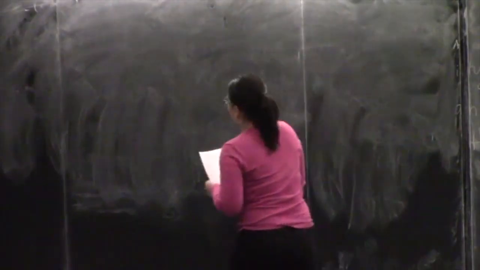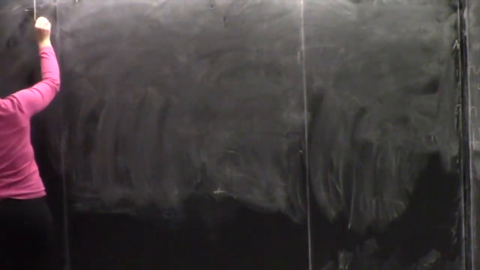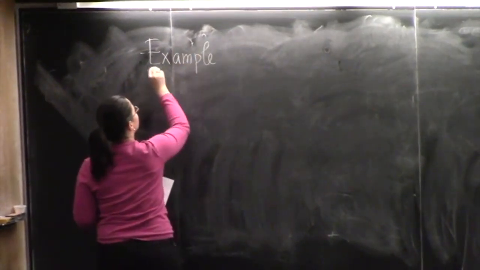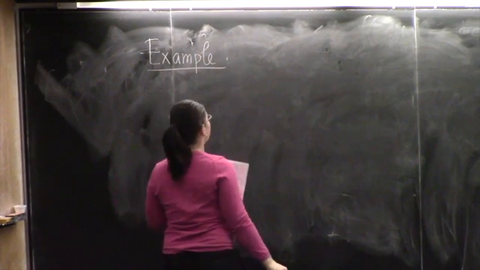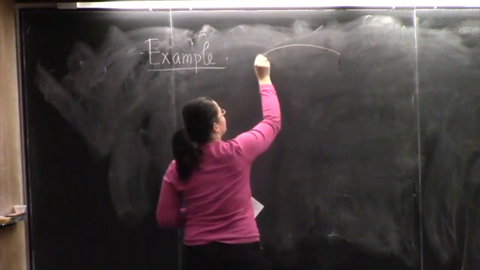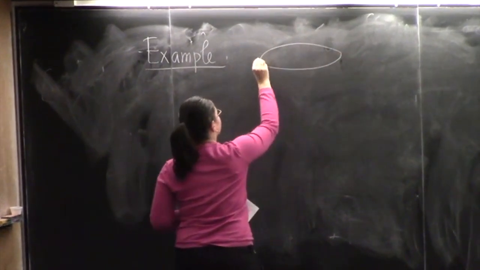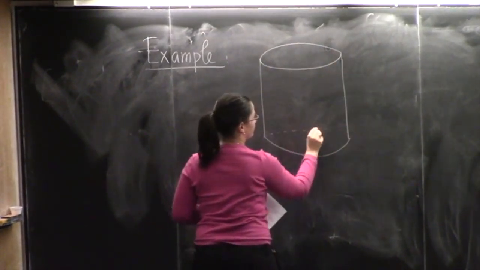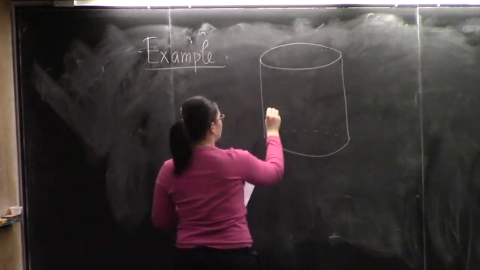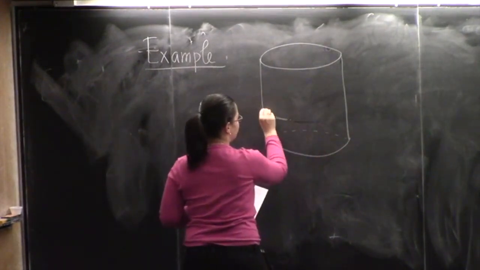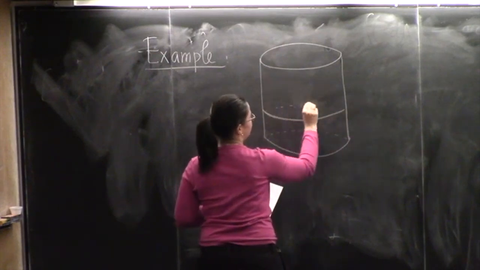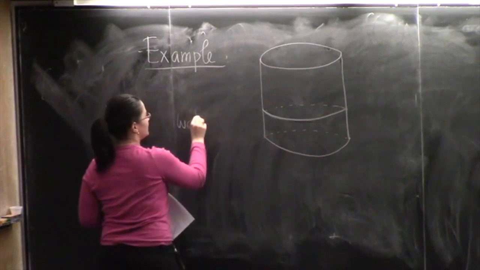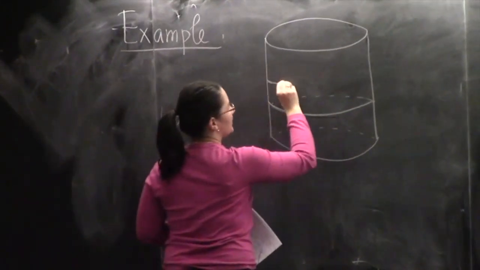So okay, let's consider this example. You've got a cylindrical container which is going to be filled with two liquids. So over here we've got water, and on top we have some oil.